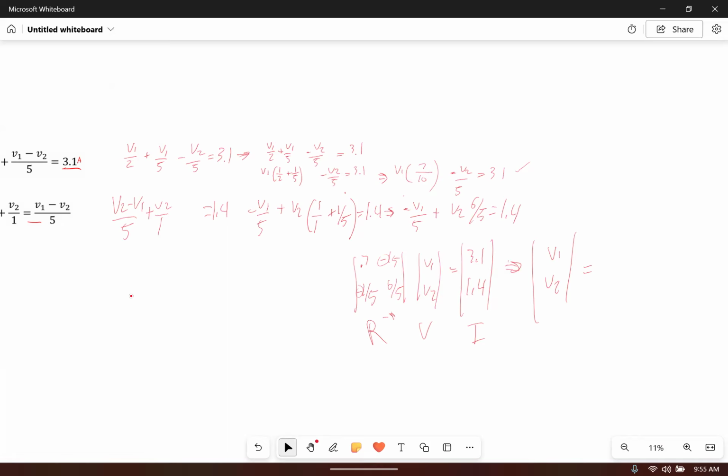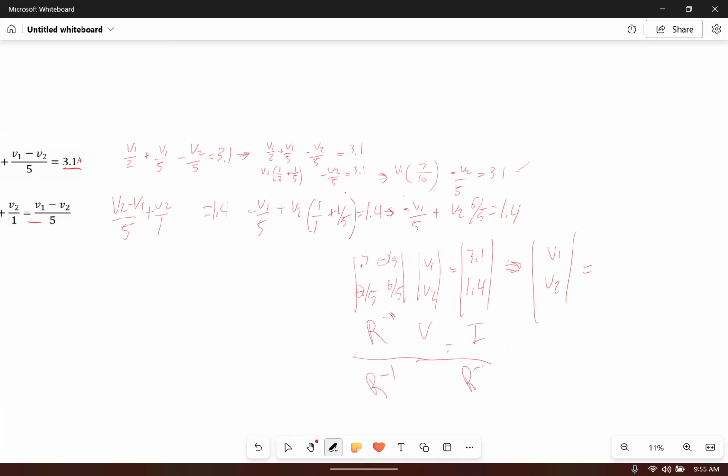You've got to do the same thing in matrices, but matrices don't allow you to divide, right? Because we'd have to divide by that R term. This is our I matrix.